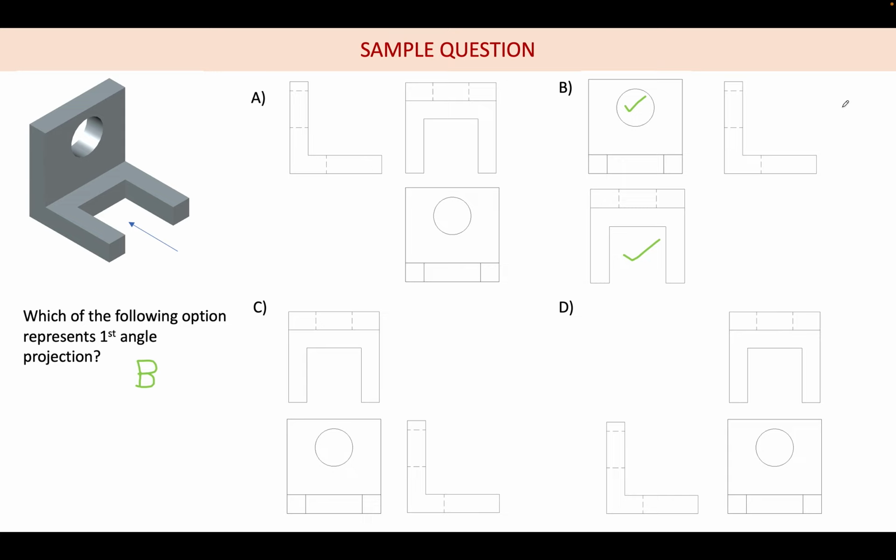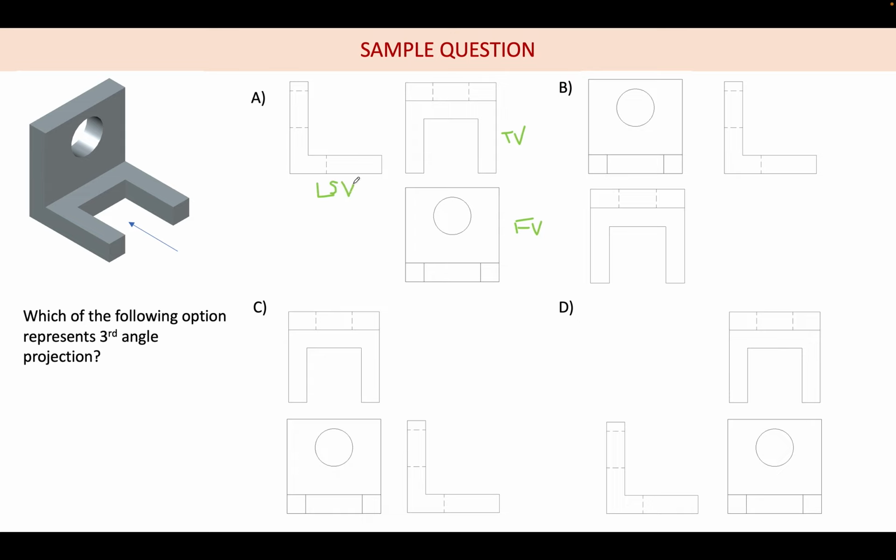So option B. Okay, third angle projection, same solid. Yes, this is your front view. Are you sure it is option A? This is the top view. Okay, this is your left side view. Yes, sir.